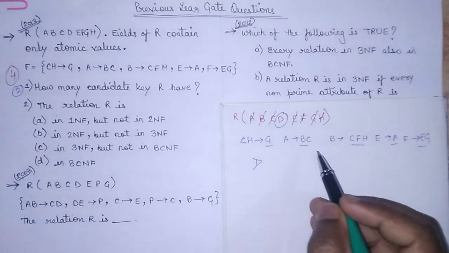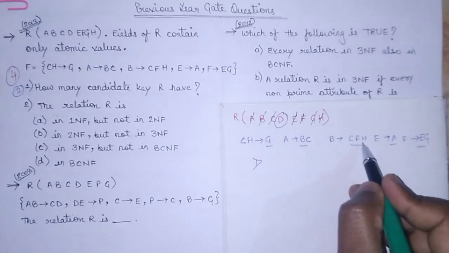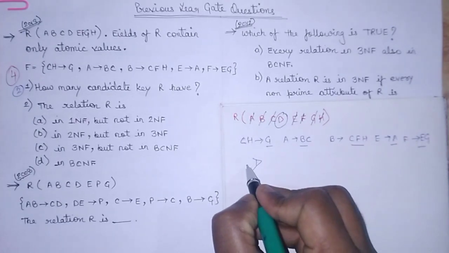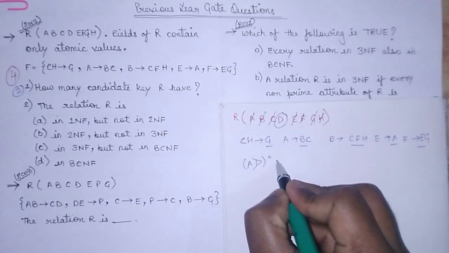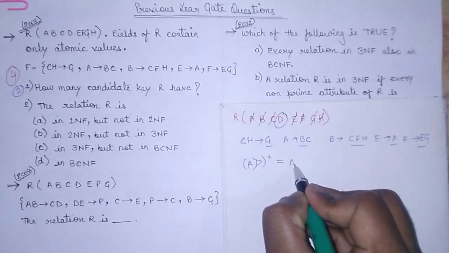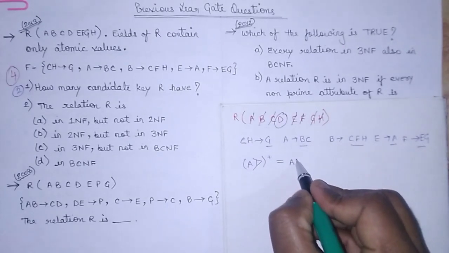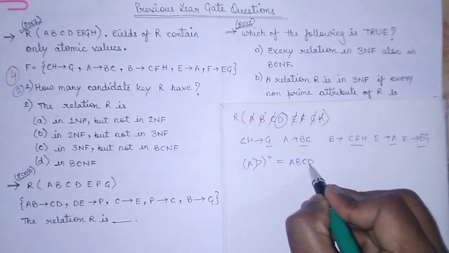So here you can see that I am starting with A because A is defining BC, B is defining CFH. So I think that with A it will work. So I am going with AD first. If you find out the closure of AD, A is defined by itself, and then A is defining B and C also. D always defines itself.